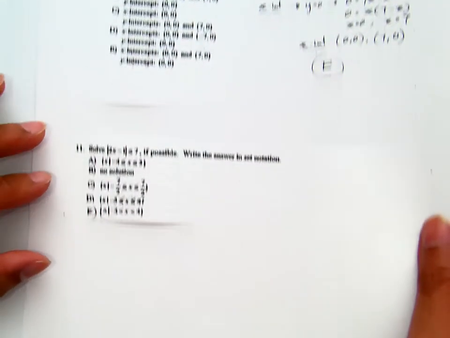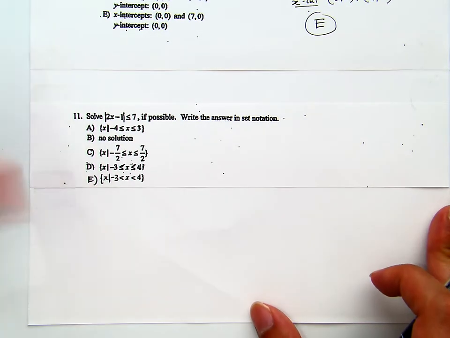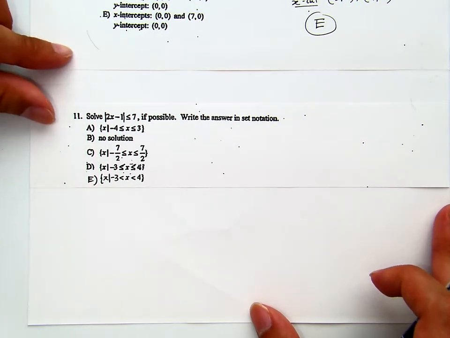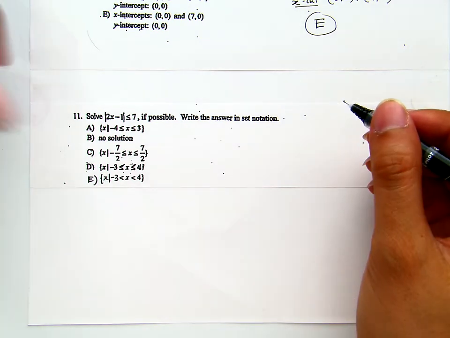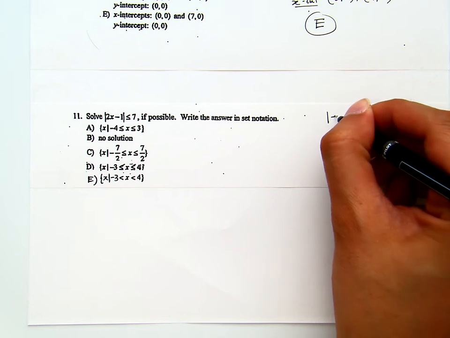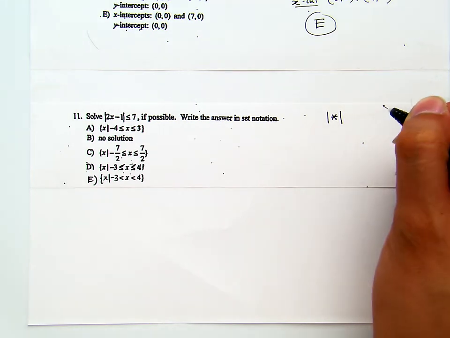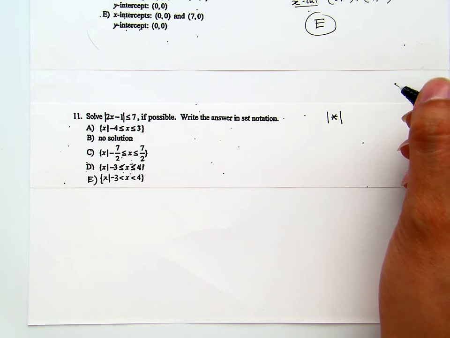Now, number 11. Solve the absolute value of 2x minus 1 less than or equal to 7. Before I start this, I want to remind you of two things. The first one, absolute value of blah represents the distance of blah from 0.